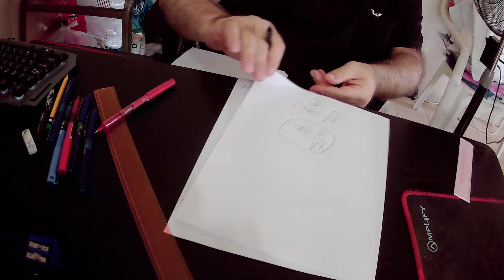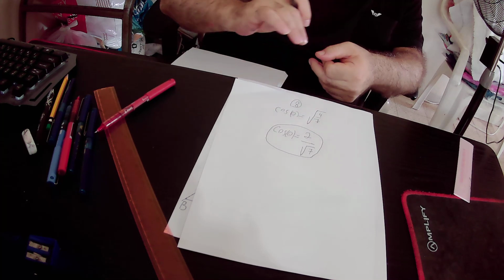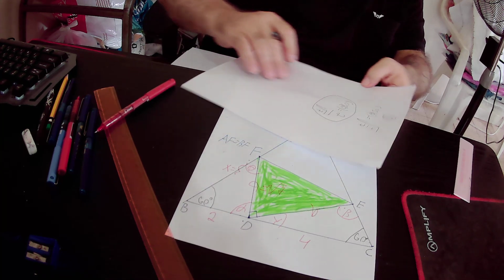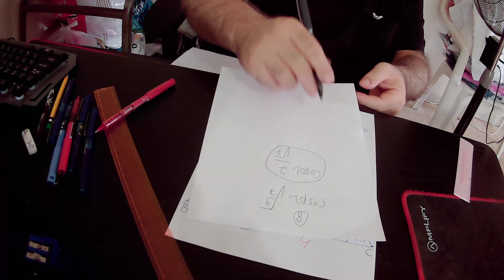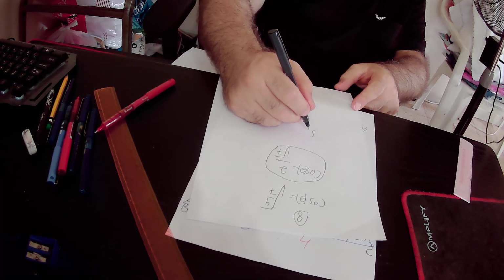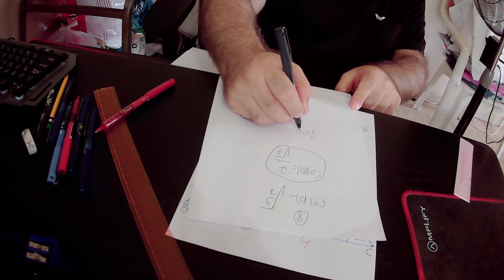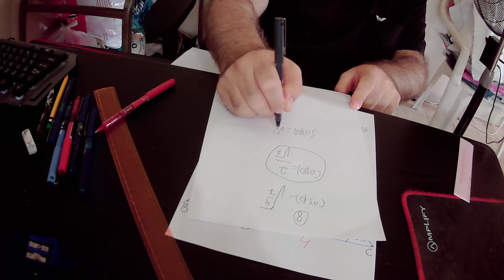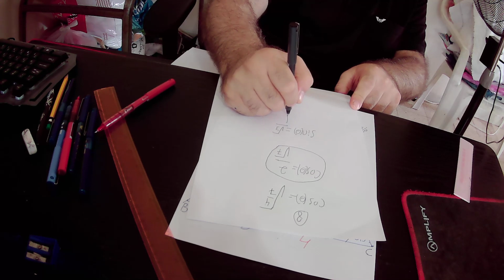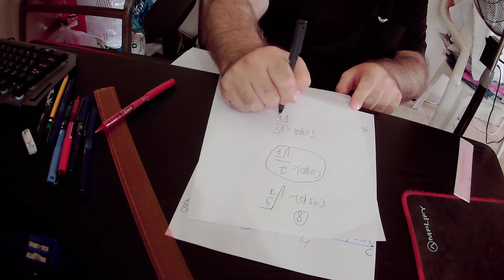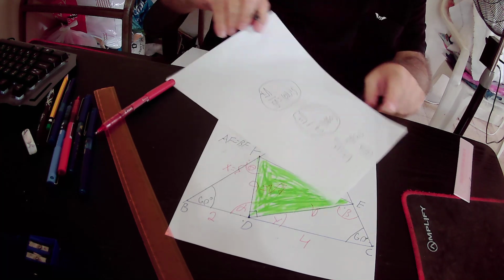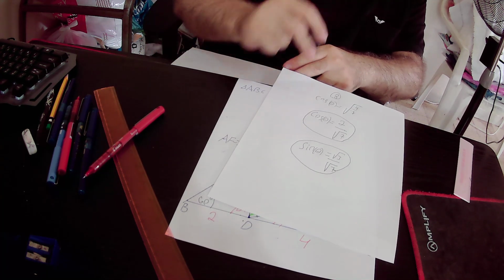And we have already found out that the value of sinus theta is root 3 over root 7. So we actually found out the value of sinus theta and cosinus theta.